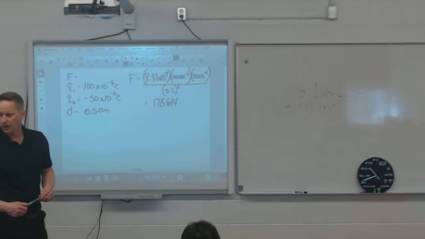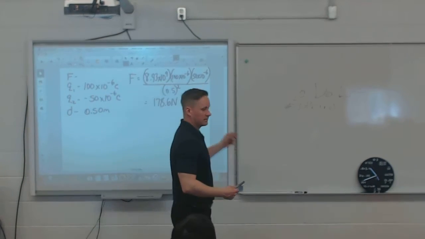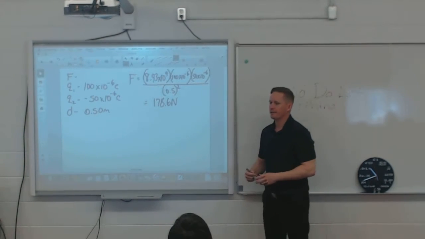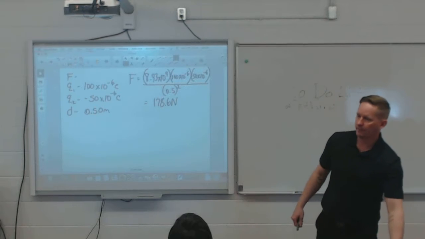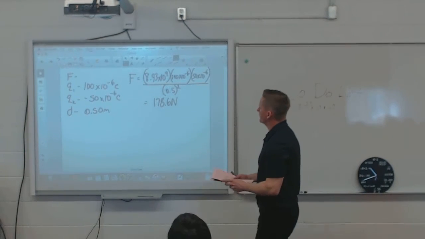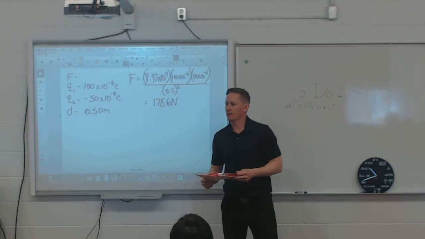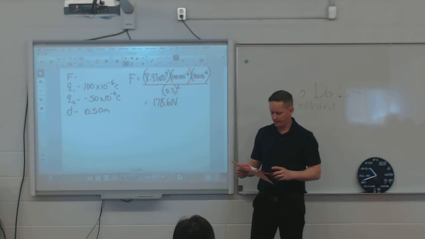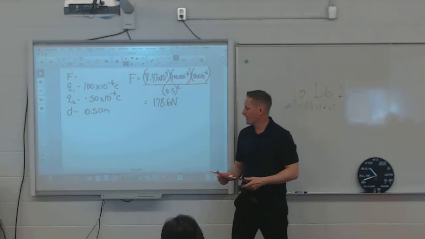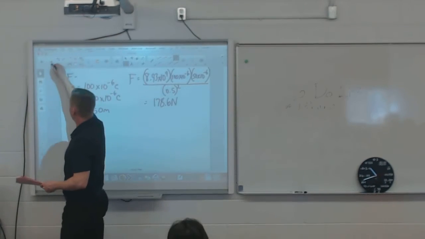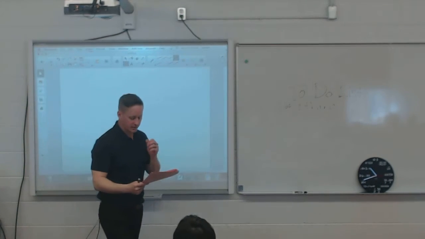I don't know what you did wrong. I worked it out the same way. Okay, I'll look at it after. So it looked like it was right. Okay, there's one last thing that we need to do, and then I'm gonna give you some questions.